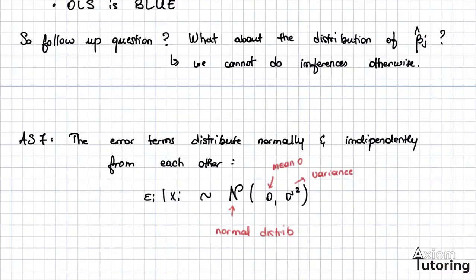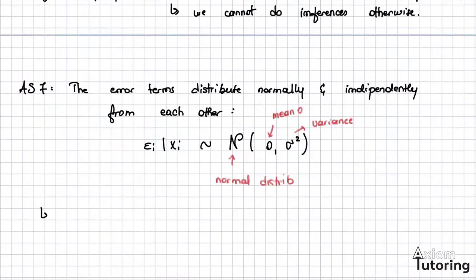Now that you have this, you might question, but we know that we don't observe the error term, so how can we be sure it's normally distributed under these parameters? And the answer to that is this assumption is unlikely to be true, actually, since it's a strong assumption.